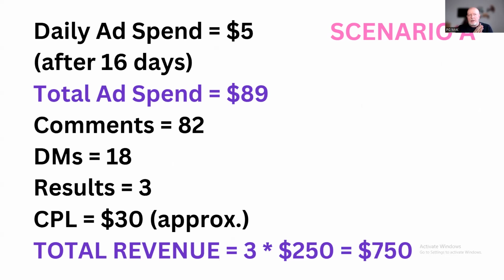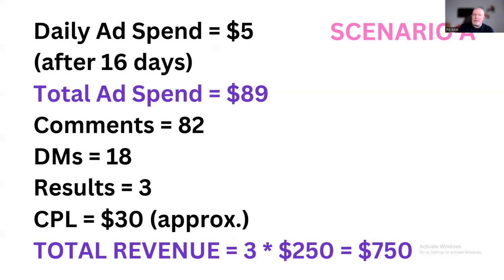Let's put some numbers in this. The daily ad spend was, let's say, 5 of the local currency, but we're going to put this in, as I said, for cowboy mathematics in dollars. So $5. And then after 16 days, the coach has spent a total ad spend of $89. Now, this is a key metric, so it's highlighted in purple. The number of comments received were 82.